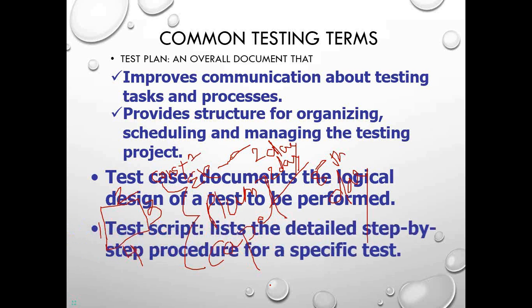Test scripts list the detailed step-by-step procedure for a specific test case. So what is a test script? A test script is nothing but, just imagine that we are trying to use yahoo.com. In yahoo.com you have mail, news, books, everything. You have different types of things, but still you are not able to follow that.